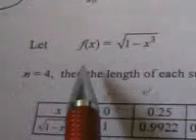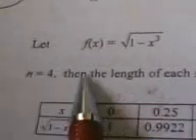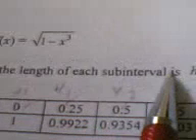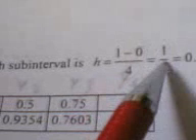Let f of x equal the square root of 1 minus x cubed. The number of strips is 4. Then find the width of each strip first. h equals the upper limit 1 minus the lower limit 0, over the number of strips, which is 4. Then it becomes 1 over 4, which equals 0.25.